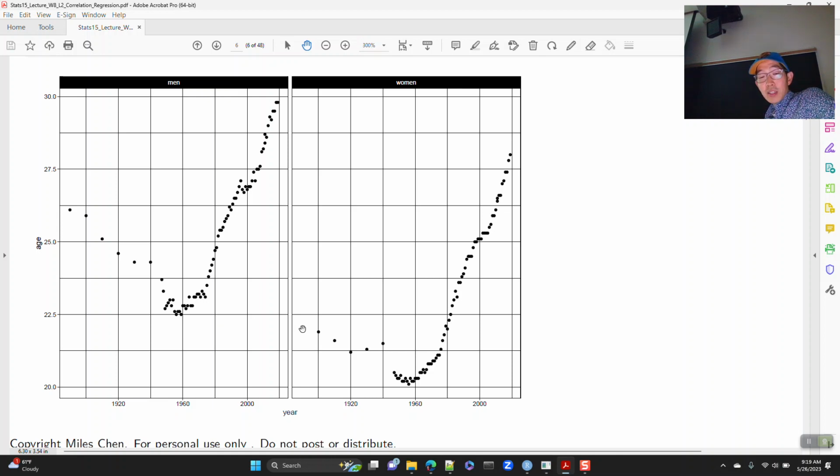In 1890, women's average age of first marriage is around 22, and then consistently over time, that seems to be dropping until around 1960. And then after 1960, men's average age of first marriage steadily gets higher and higher as time goes on. And we see a similar phenomenon for women as well: after 1960, women's average age of first marriage gets higher and higher and higher.